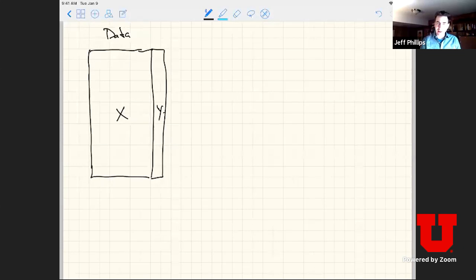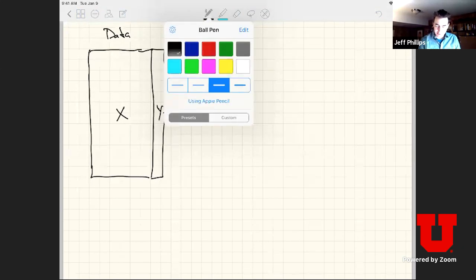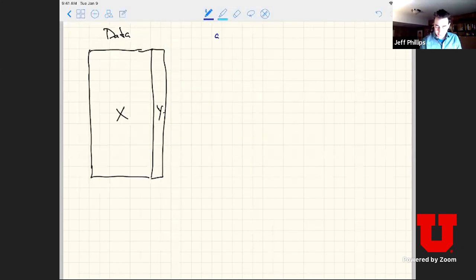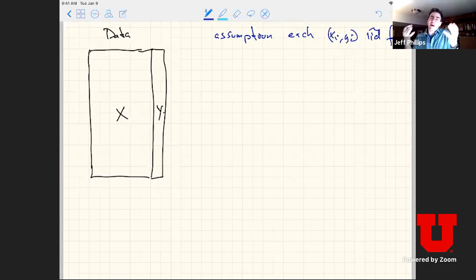If you remember, we have this underlying assumption that each (xi, yi) is iid from some unknown distribution, let me call this f. It's an observation, but we represent it conceptually as a random variable, perhaps, if you want to analyze it. But each row is drawn iid from this distribution.